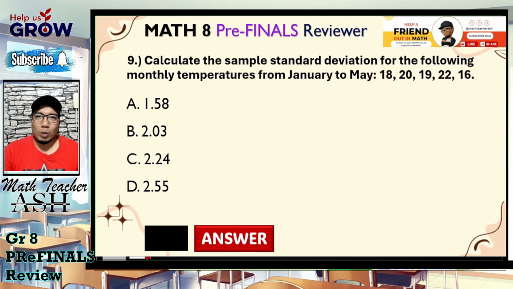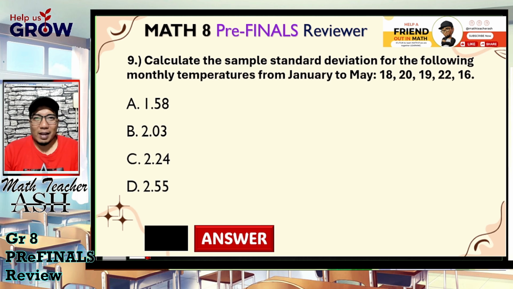Then after that, we get the square of each value. So the squares would be 1, 1, 0, 9, and 9. With those values, my dear math learners, we add them, and the sum is 20. Then we divide 20 by n minus 1.